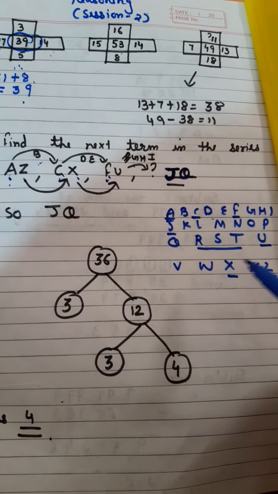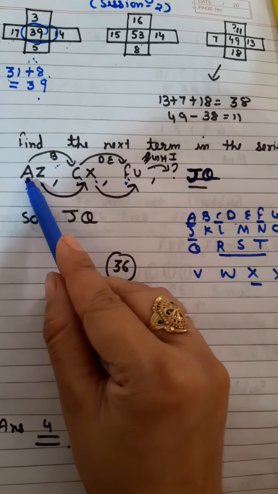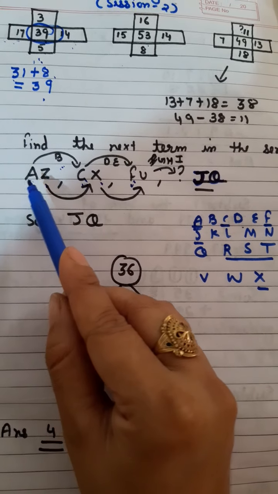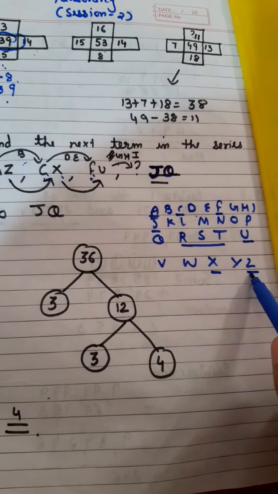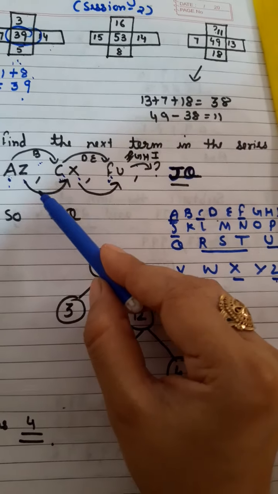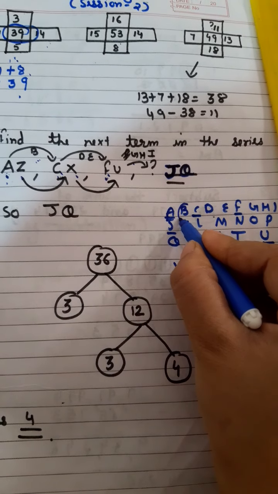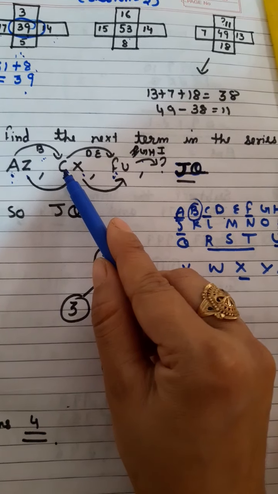A, B, C, D up to your Z. If you see it carefully, here first of all it is given A, and then given Z. It means the first alphabet of the series and the last alphabet of the series. Clear? Then it's fine. Now they had written here C. It means they had skipped here B. B is not written here. Directly they had written here C.